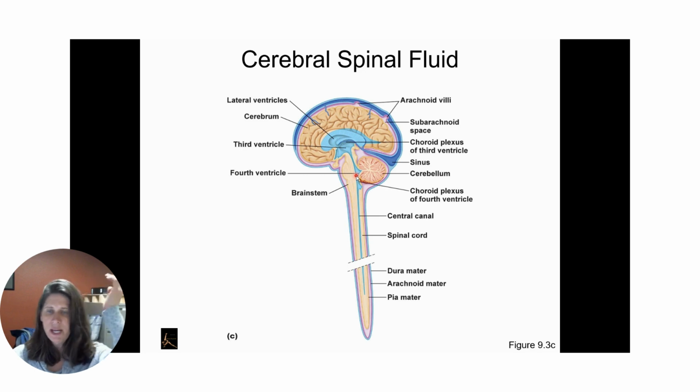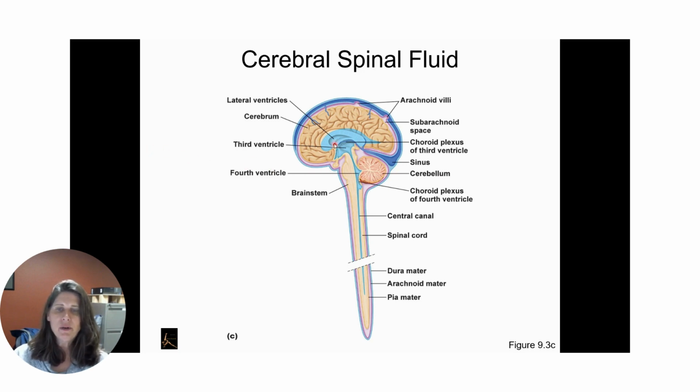So if you hit your head, it's not a good thing. It does slosh around, but it doesn't hit up against the skull, which would really damage it, because the fluid is cushioning in there. So it helps us somewhat. Think of it as shock absorbing fluid to prevent the brain from really knocking up against that hard skull.